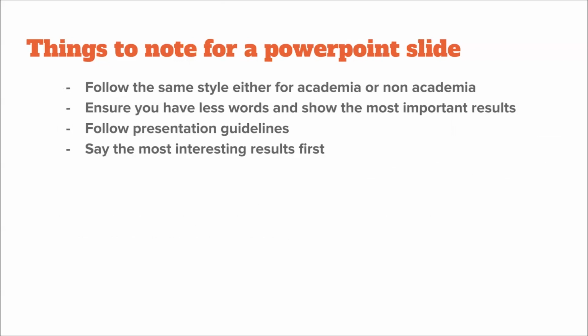If you are reporting for academia, the same sections you had for your Word document are the same sections you have for your PowerPoint slide, and you can reduce them depending on the number of minutes you have to present. Try to have fewer words and show the most important results. Follow general presentation guidelines like font size and using pictures. And like I've said, make sure you are saying the most interesting results first.